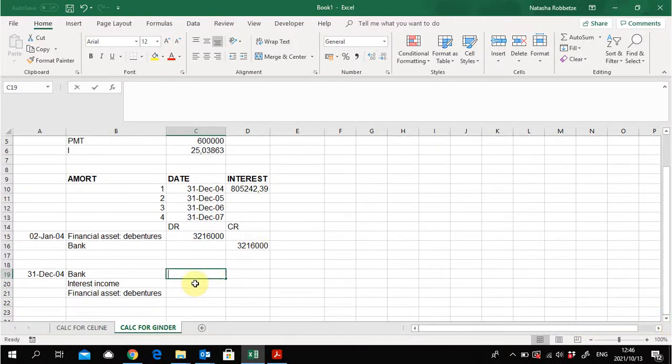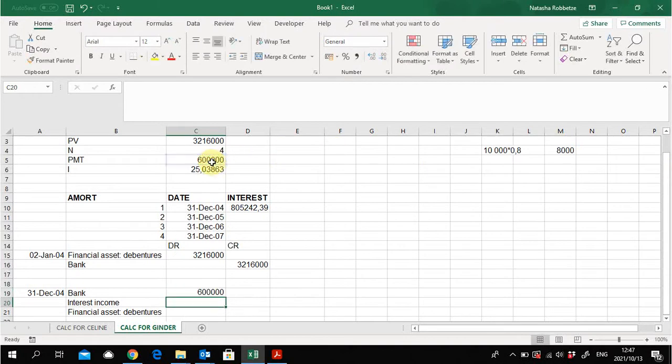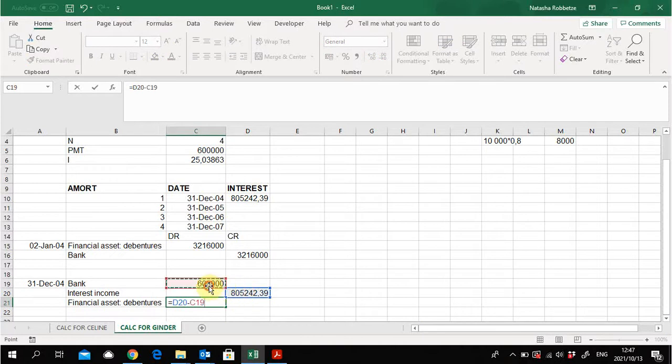Right, so for the bank, it's going to be equal to the payment amount that I have typed into my calculator. For the interest income, I just calculated that amount, and that would be my first amount. And I'm going to show a balancing figure, and that is the difference between the payment and your amortization answer.